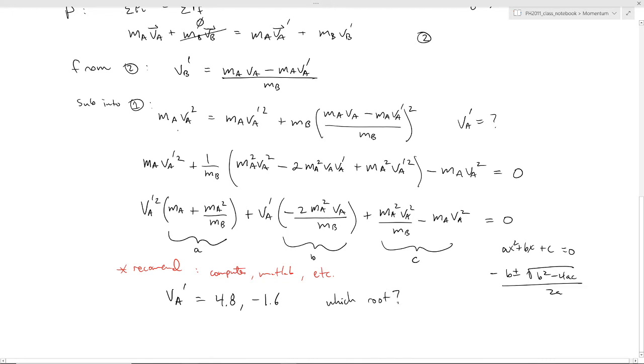It turns out that this 4.8 was what we had originally, so it's not that one. So this is what we're looking for. What we've just found is that VA prime for this question is negative 1.6 meters per second.